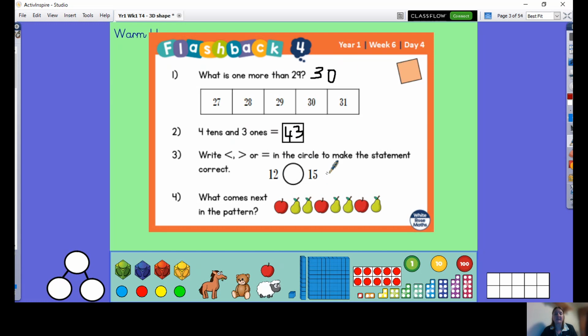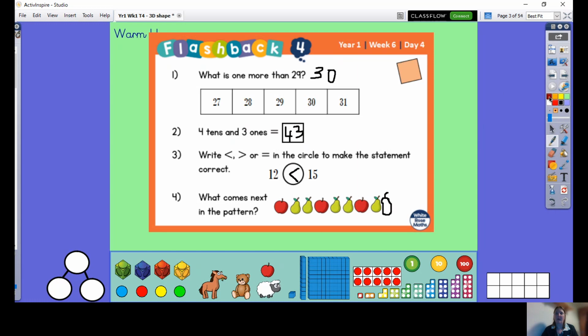Comparing 12 and 15, they're both 2-digit numbers, but I know by looking at the ones that 2 is smaller than the 5. So I know that 12 is smaller than or less than 15. And looking at my pattern, I've got apple, pear, pear, apple, pear, pear, apple, pear, pear. So I'm going to draw a pear, not very well though. Okay, brilliant. I'm sure you got on really well with that.